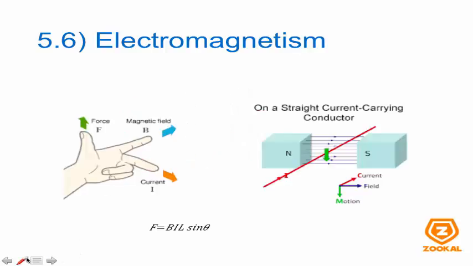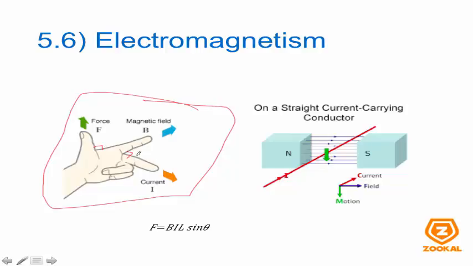So on this slide, I've shown you what Fleming's left hand rule is. So basically, you use your left hand, you put your thumb up, your index finger in, and your current here. And all these are perpendicular to each other. So if you're wondering how to remember which finger holds what properties, you remember FBI over here, starting with your index finger.